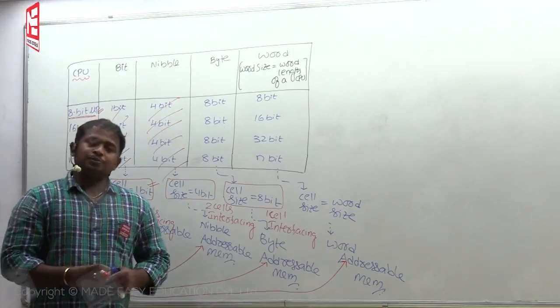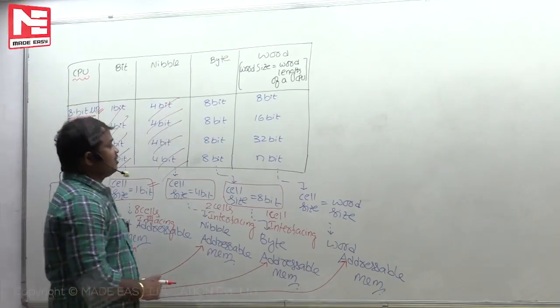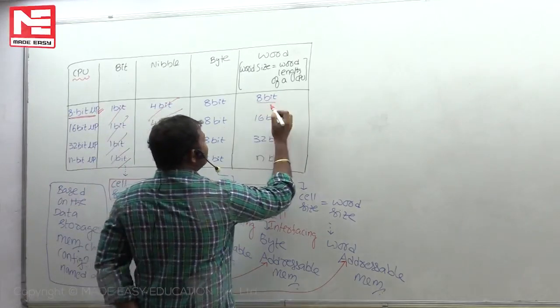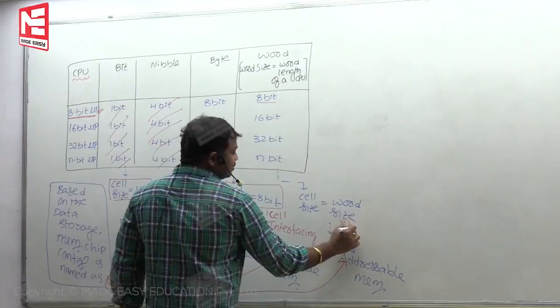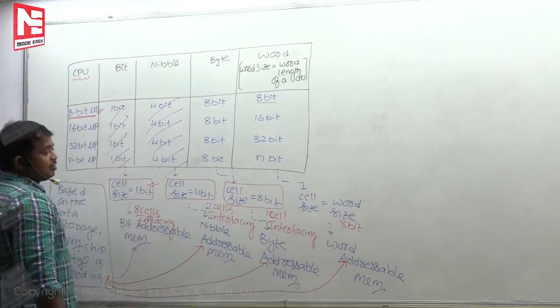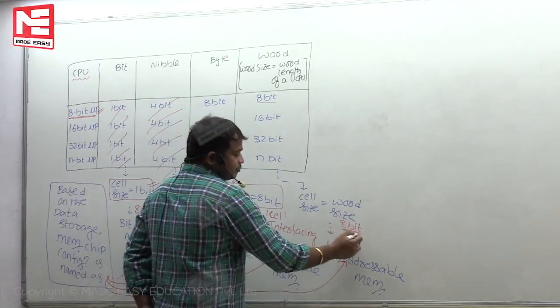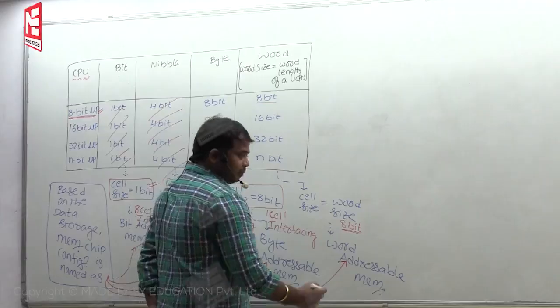Okay, now assume in the market word addressable memories are present. Then what will happen? Here word length is 8-bit, because we are talking about an 8-bit CPU here. So word length is 8-bit. Memory cell size is also 8-bit.